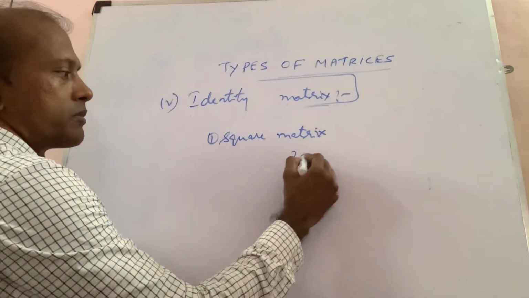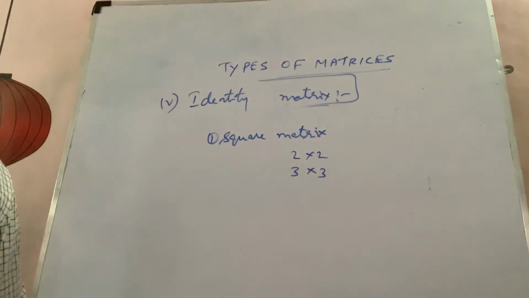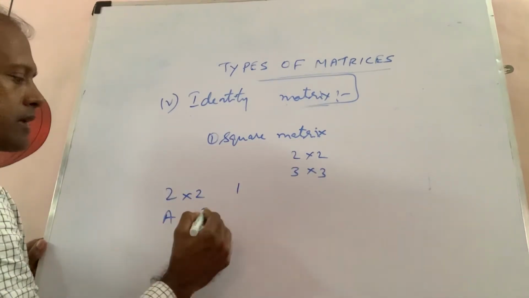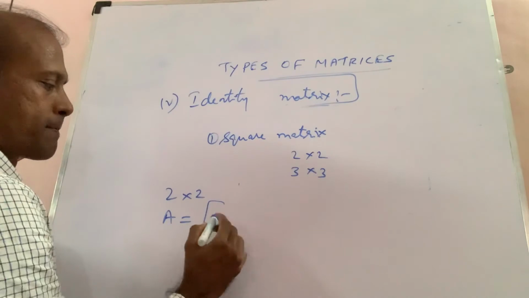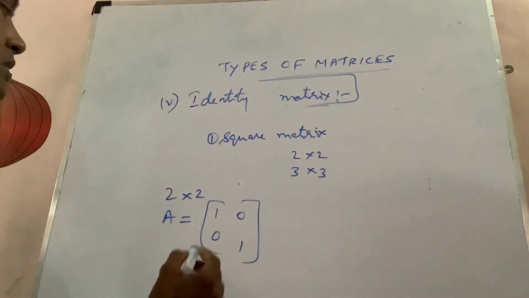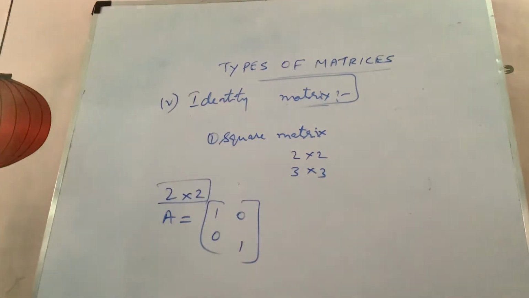A square matrix is something of the order 2 by 2 or 3 by 3, right? That is a square matrix. Okay. And the diagonal elements should all be 1. Let's take a matrix A of the order 2 by 2 and the diagonal elements are 1 and 1. So this is a square matrix of order 2 by 2 where the diagonal elements are 1. Then you call this an identity matrix.